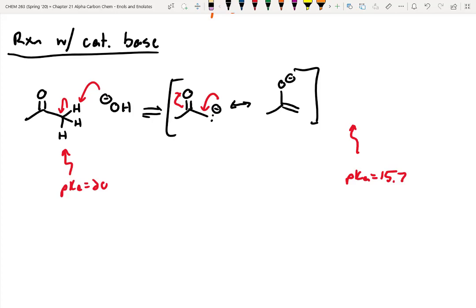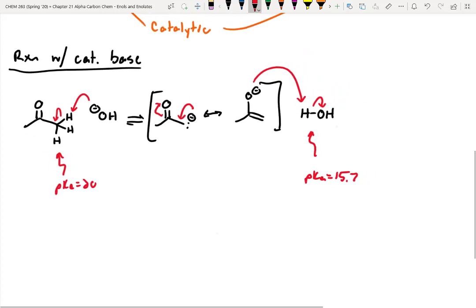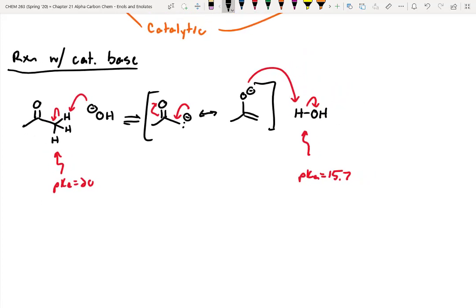All right, I'm going to redraw this water really quick because, like I said, water can act as both an acid and a base, and in this case, the oxygen could just steal this proton right back. And under equilibrium conditions, you could form some of this enol, plus you regenerate your base.